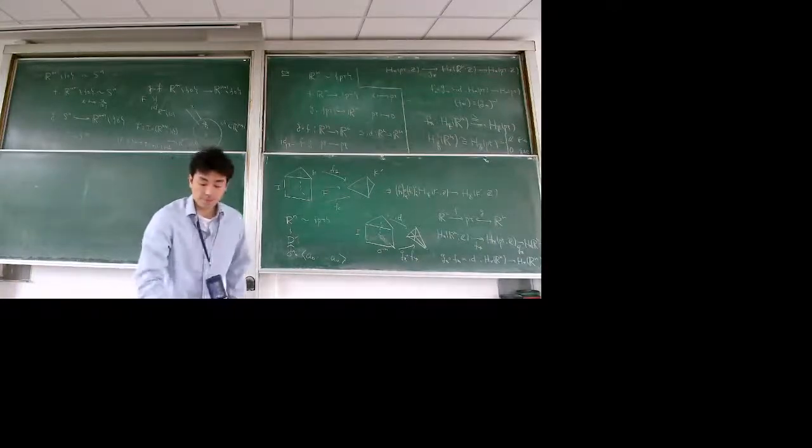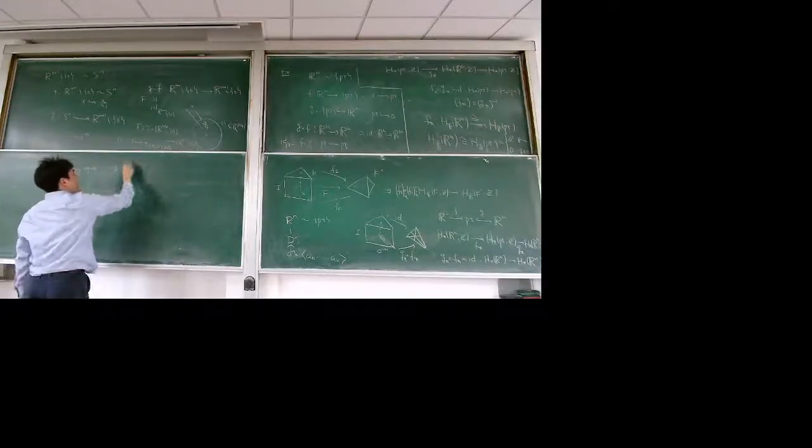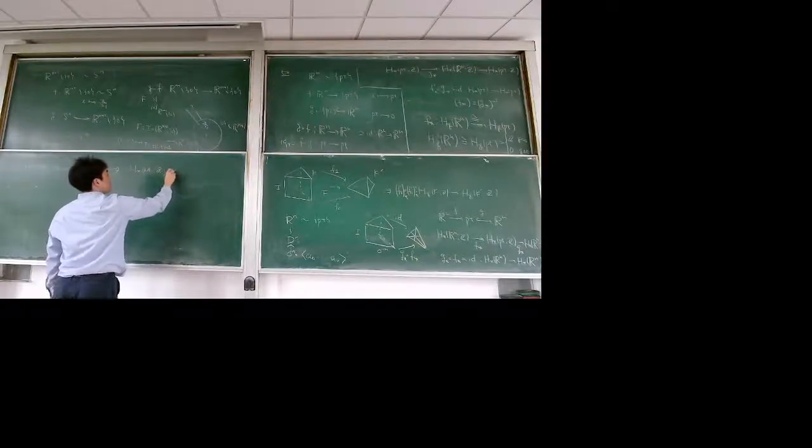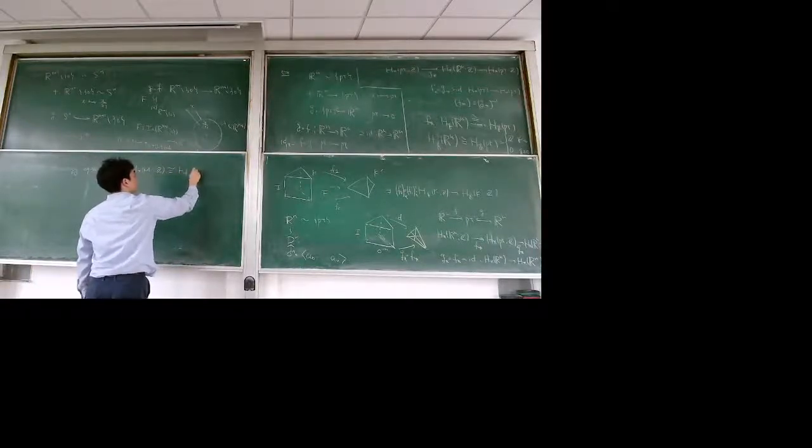In this way one can show that if M and N are homotopy equivalent, this means that the H star of M homology group is isomorphic to H star of N homology group.